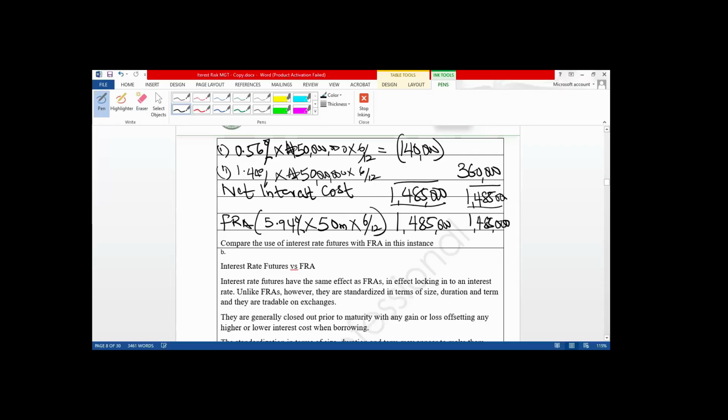By the time you finish your computation, your net interest cost must equal the FRA payment. You are done with requirement A. This was the question. Something like this was tested last time for 20 marks.